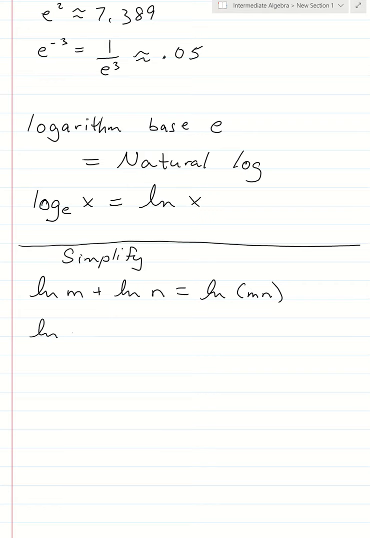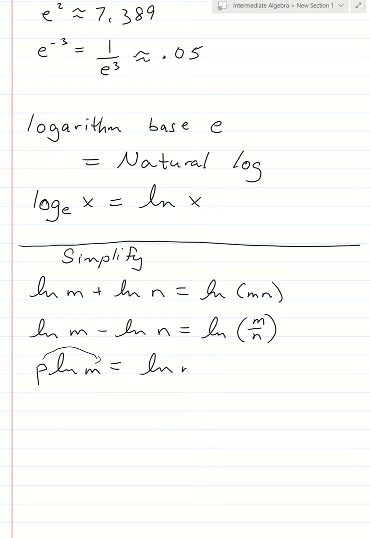If we had the natural log of m minus the natural log of n, that also can be simplified into the natural log of m divided by n. Or if we had the natural log of m being multiplied by a number p, that number becomes a power, and that would give us the natural log of m to the p power.